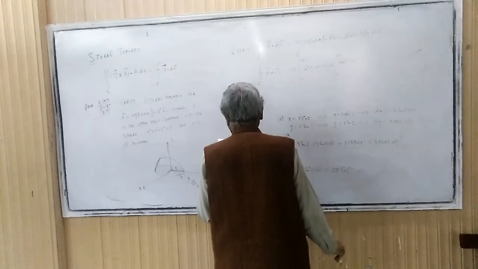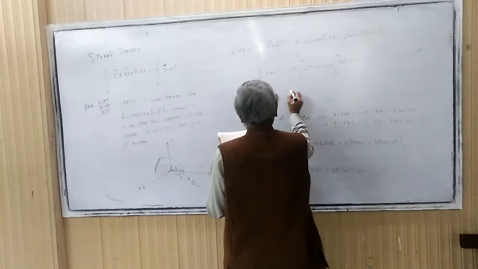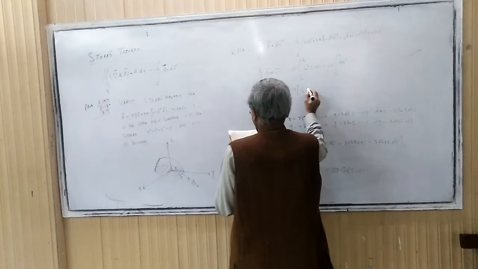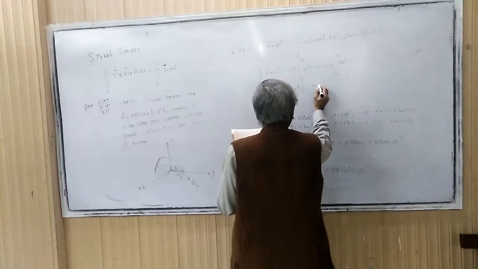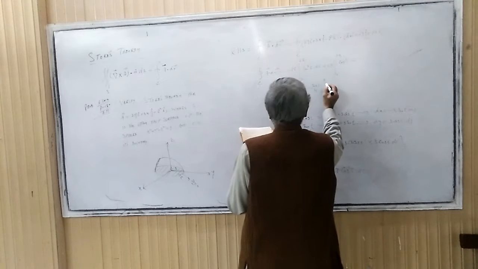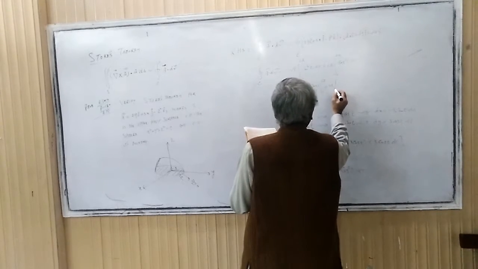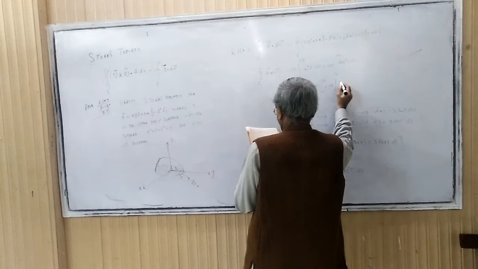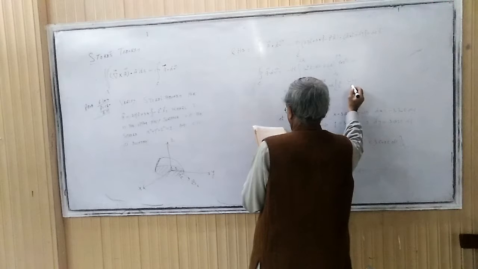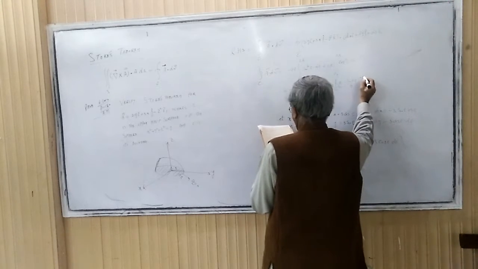Solve them. What you will get is equal to minus 18 times t over 2 minus sine 2t over 4, from 0 to 2 pi, plus 27 times t over 2 plus sine 2t over 4, from 0 to 2 pi.